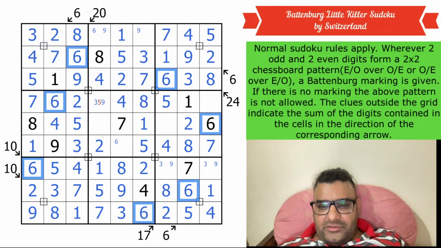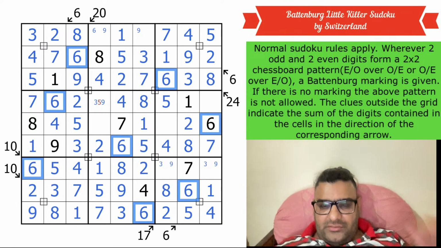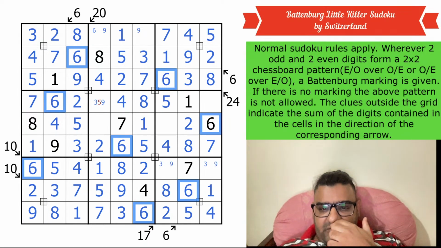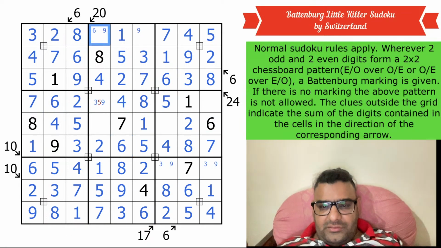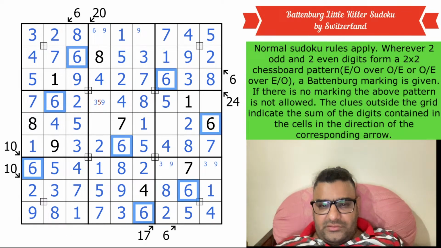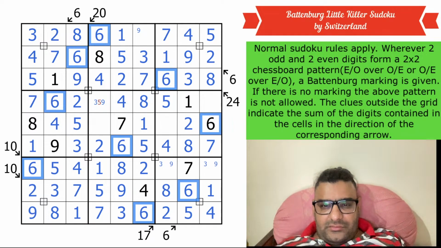Okay, 6 cannot be here. So 6 is here. So 6 and 3 are done.